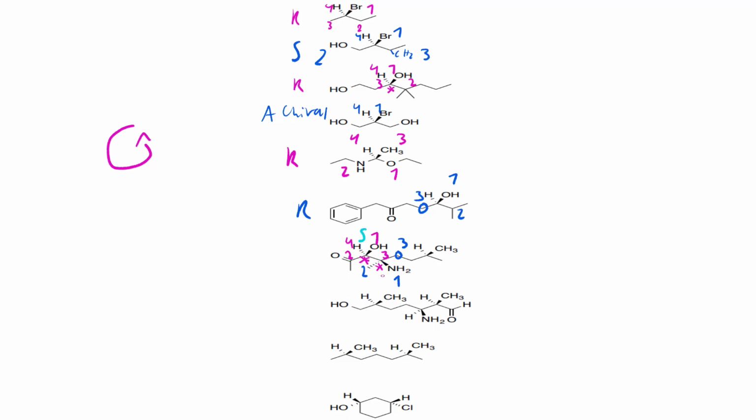But then what's going to be my lowest priority? So let's do it. 2, 3. So we're comparing a nitrogen, a carbon with 2 hydrogens, and then we have a methyl group. And a methyl group, remember, has a CH3.